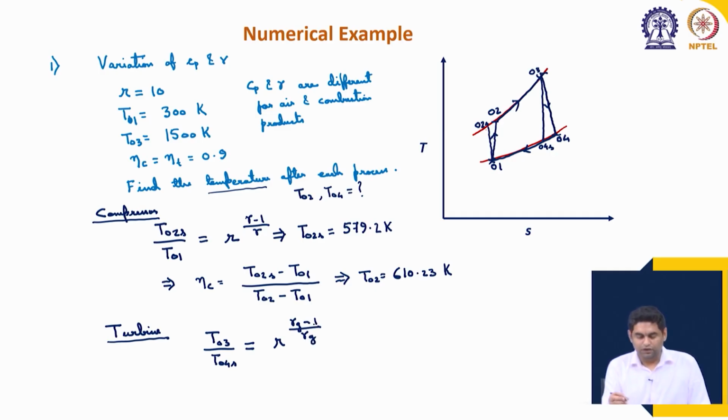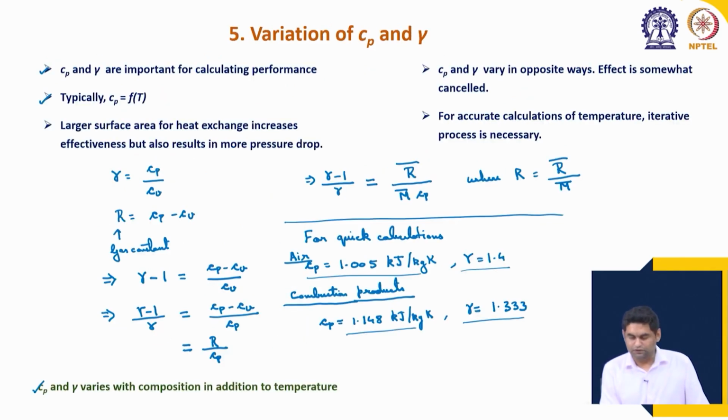Okay. So, till now we have used only gamma, now we will use subscripts gamma A for gamma of air and gamma G for gamma of gas. So, similarly here this will be gamma A and this will be gamma G, this will be Cpa and this will be Cpg. Okay.